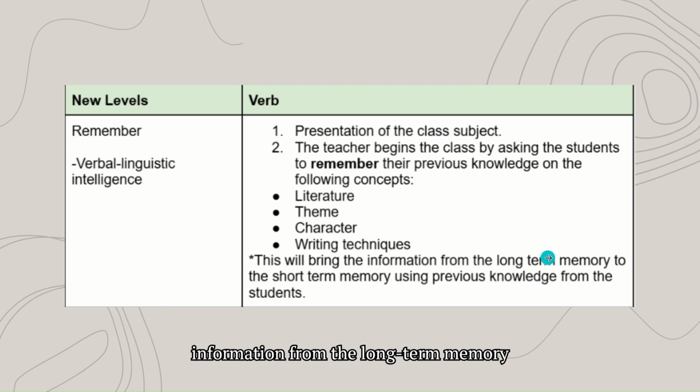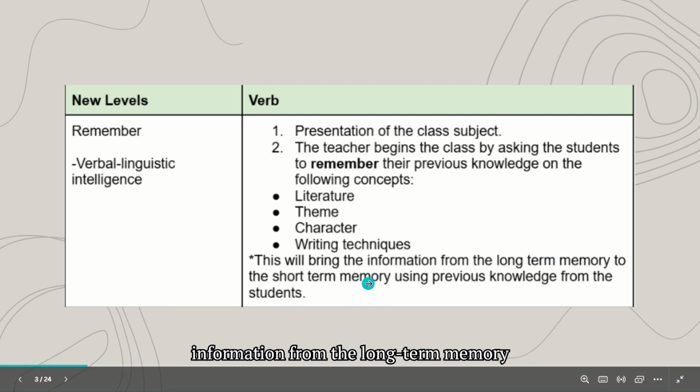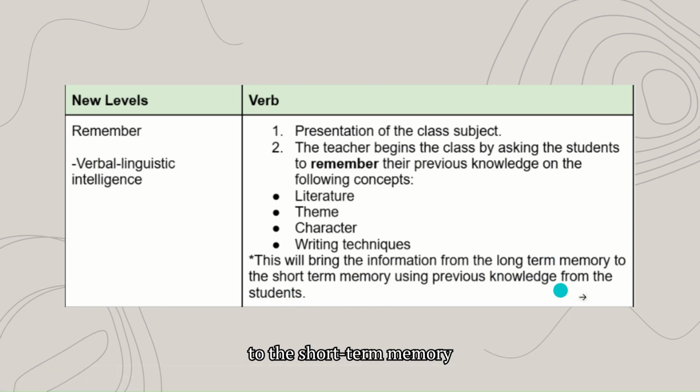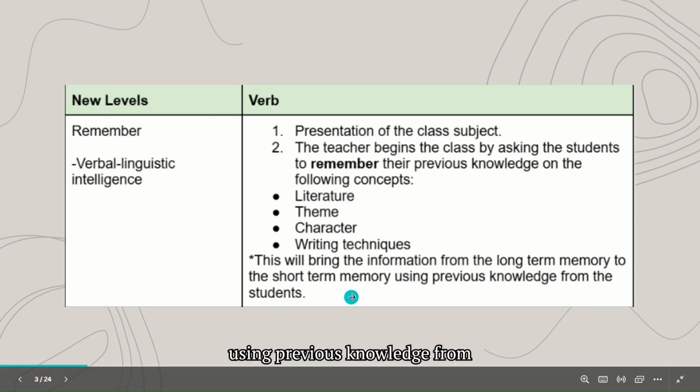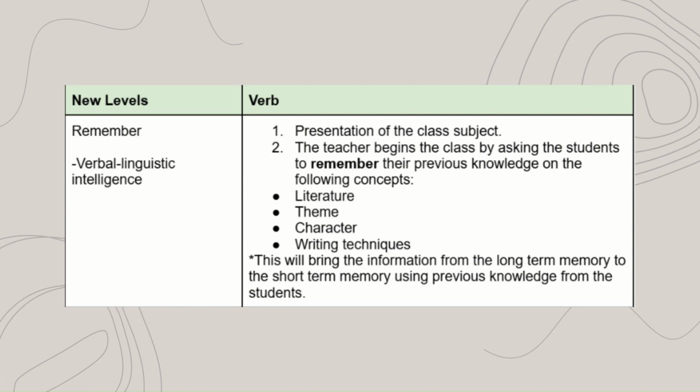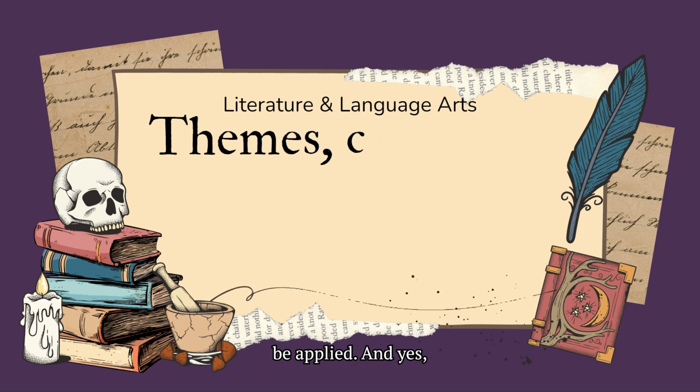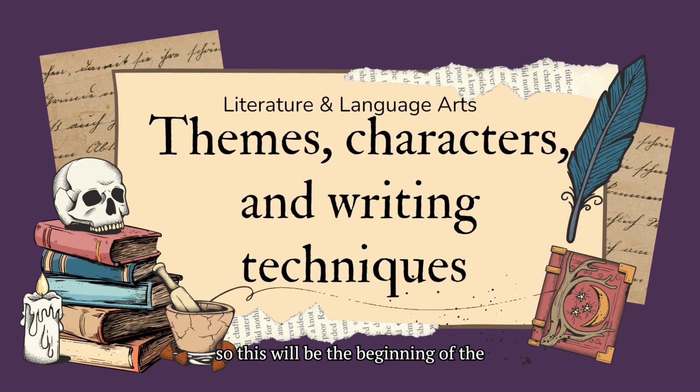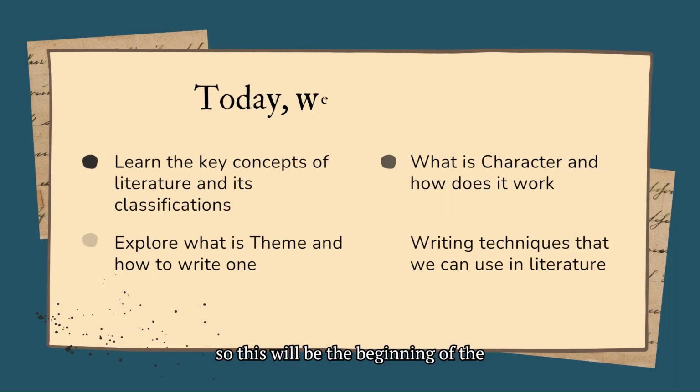This will bring the information from the long-term memory to the short-term memory using previous knowledge from the students. In this one, the verbal linguistic intelligence will be applied. So this will be the beginning of the class.